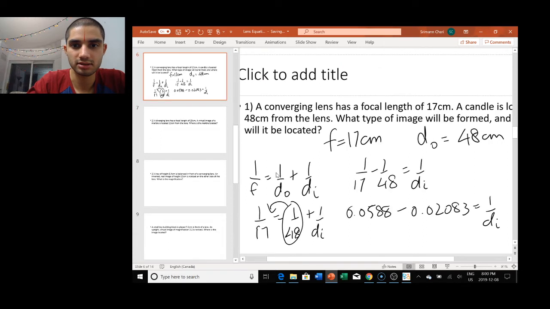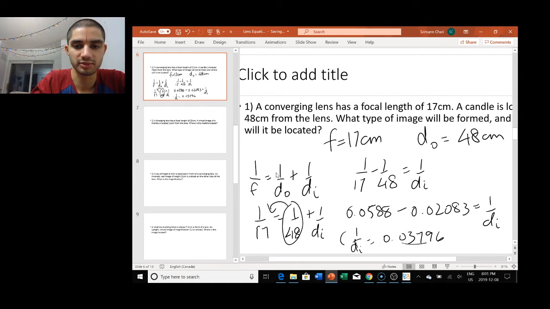So 1 over di equals 0.0588 minus 0.02083, which is 0.03796. And then in order to find di, I have to take the reciprocal of this.